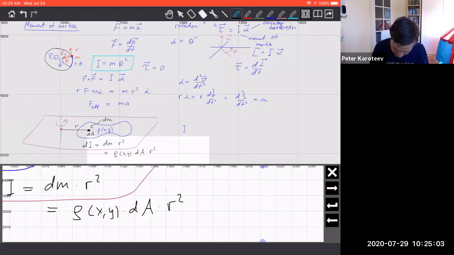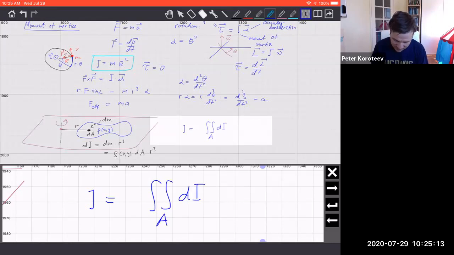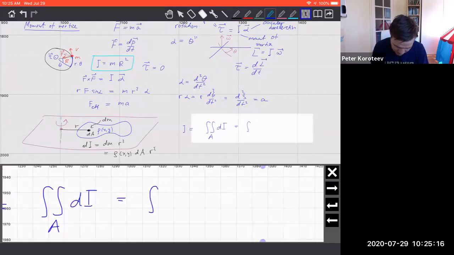Then in order to find the total moment of inertia, we need to integrate dI over the area of the body, which brings us to the formula: the integral of r squared rho dA.